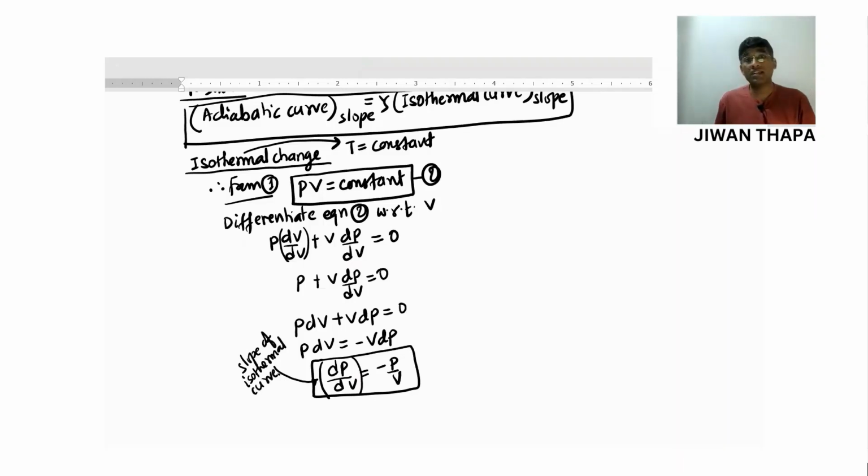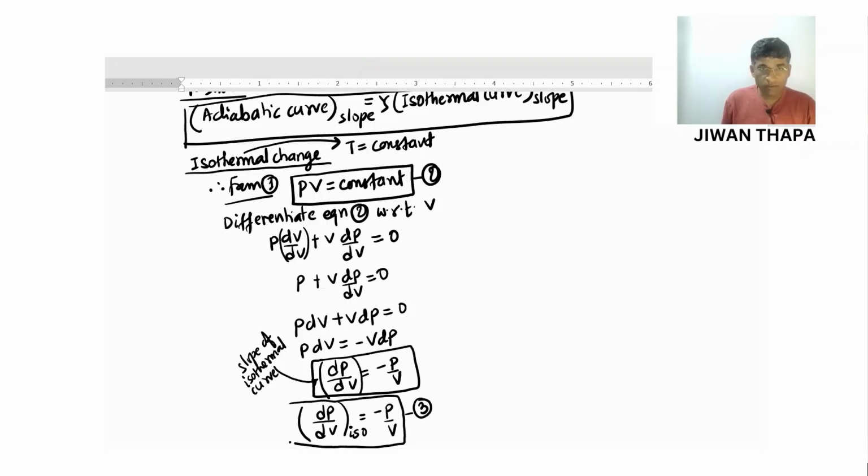So we need to understand this. So I'm writing in this way, okay? dP by dV, and this is for the isothermal curve. So this is the slope of isothermal curve. This equals minus P by V. Let us call it equation 3.